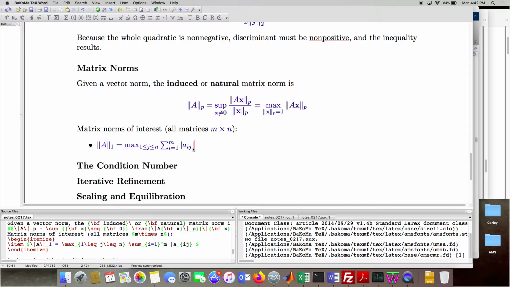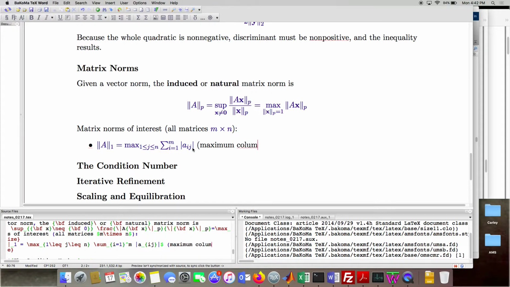So in other words, it is the maximum column sum. You sum the absolute values of the entries in each column. Whichever one of those column sums is the largest, that is the one norm.